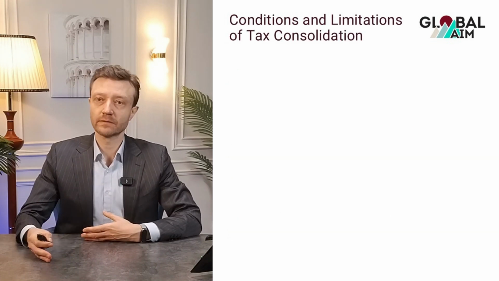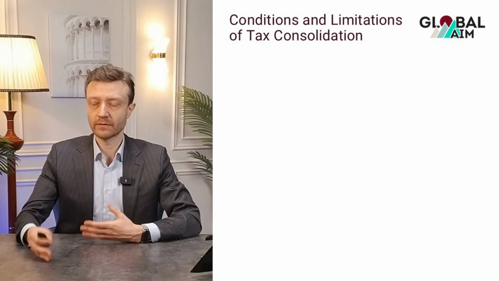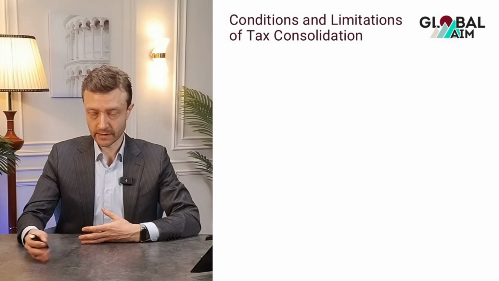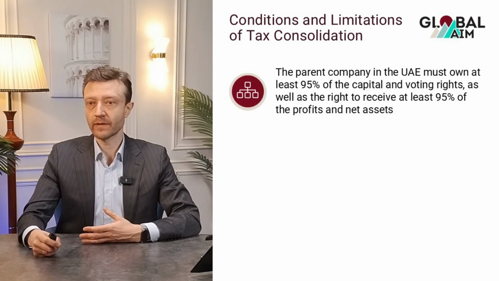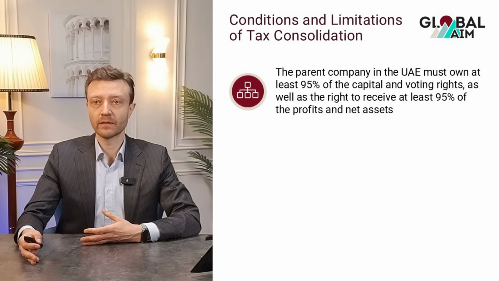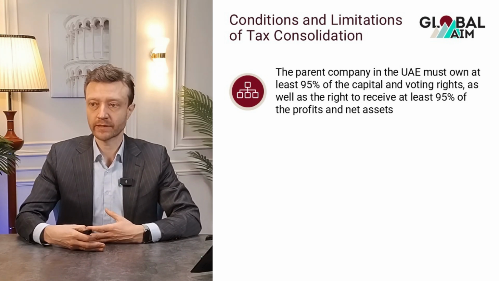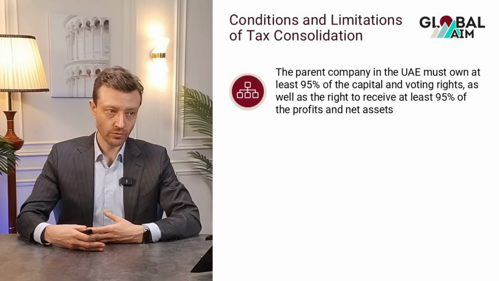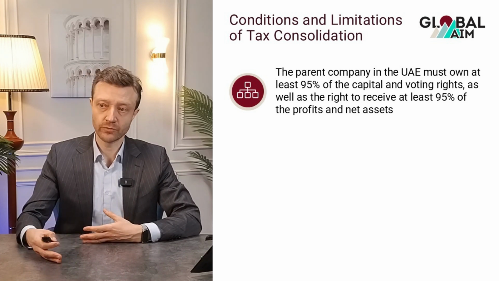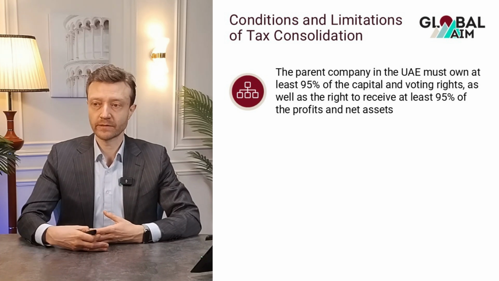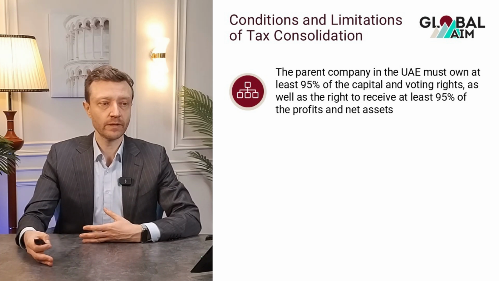There are conditions which need to be met, and limitations of forming a tax group. First of all, there is a participation threshold. The parent company has to have a direct or indirect shareholding, participating interest of at least 95% in the capital of the subsidiaries that form the tax group with the parent company.